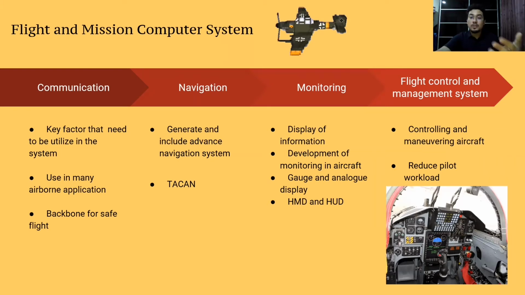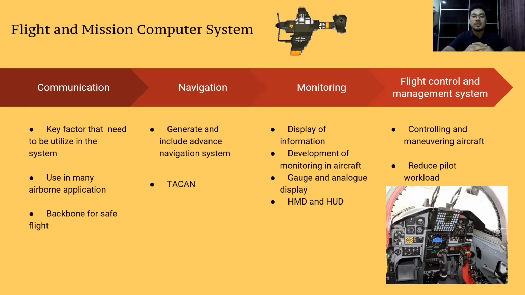It is a more precise navigation system than the previous versions like VOR or DME. So TACAN is used for generating routes in the sky. Because there's no signboard in the sky, this system provides the navigation for the pilot.